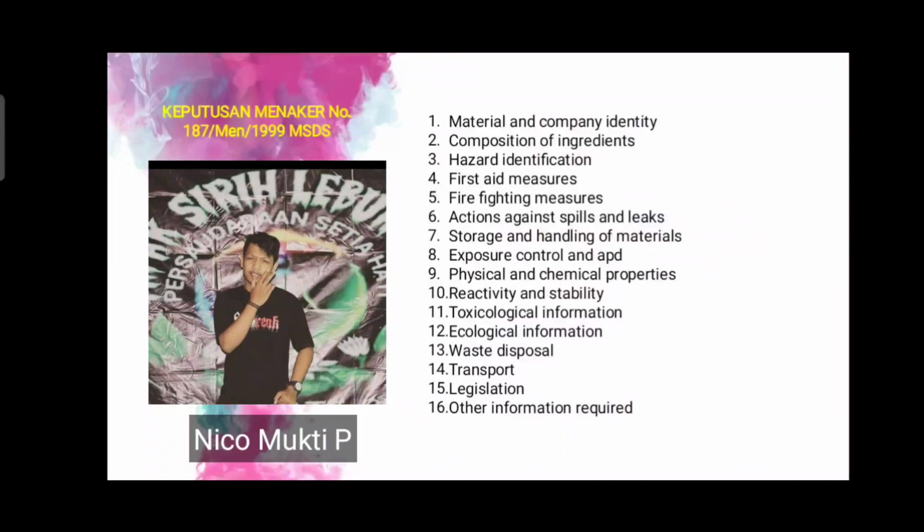First aid measures. 5. Fire fighting measures. 6. Accidental spill and leak measures. 7. Storage and handling of materials. 8. Control of exposure and PPE. 9. Physical and chemical properties. 10. Reactivity and stability.